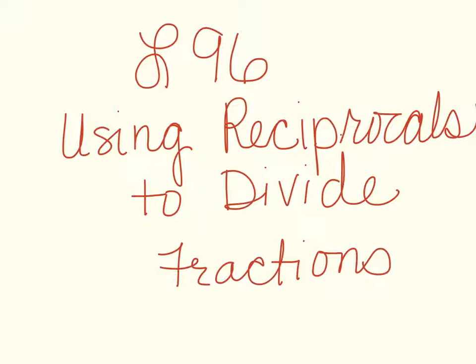Now, again, that reciprocal term is not a complicated thing. We just flip the fraction. We're going to use the word flip a lot more today, but realize when we flip, we're finding a reciprocal. So lesson 96, using reciprocals to divide fractions.